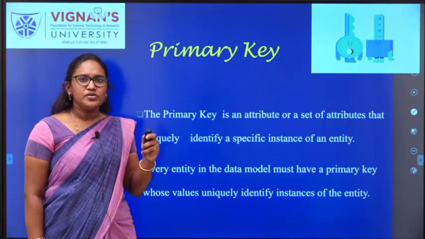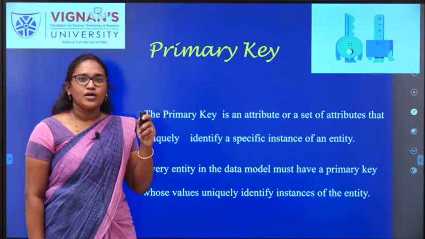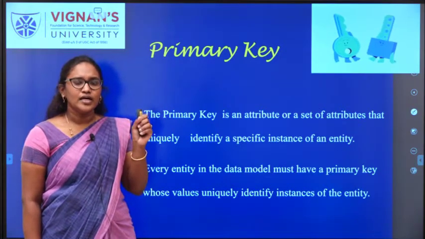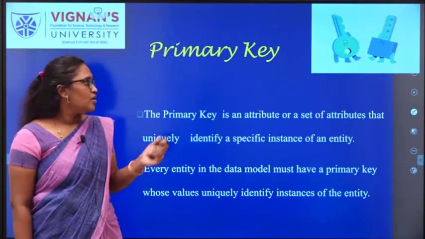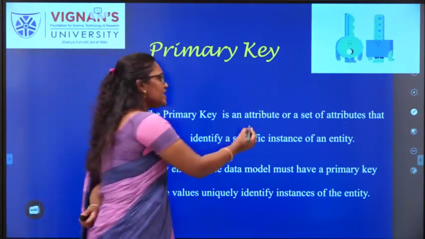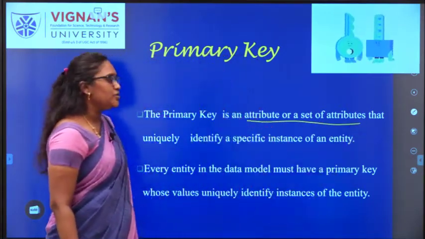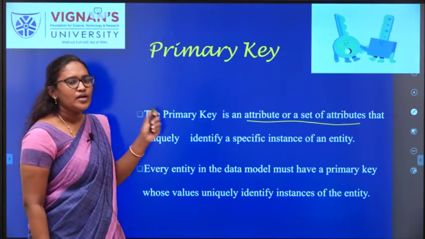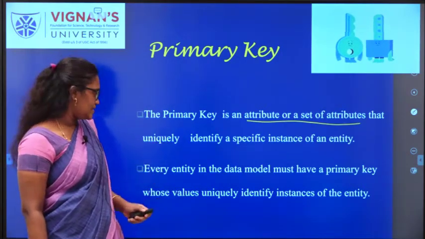In a table, it is the column or entity which uniquely identifies, that is, an attribute or set of attributes that uniquely identifies. What is the meaning of attributes? We will see in the example.